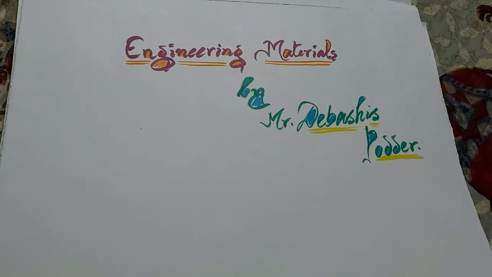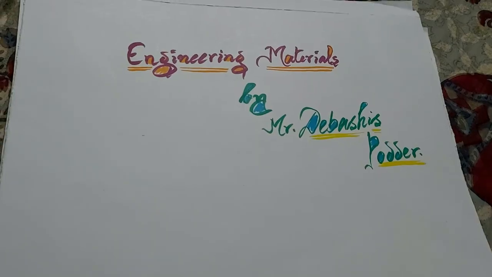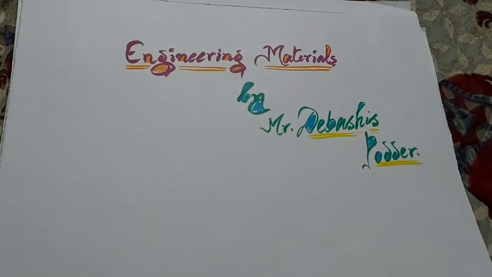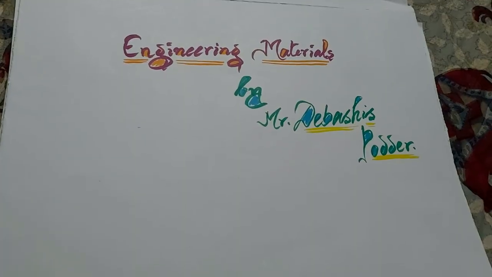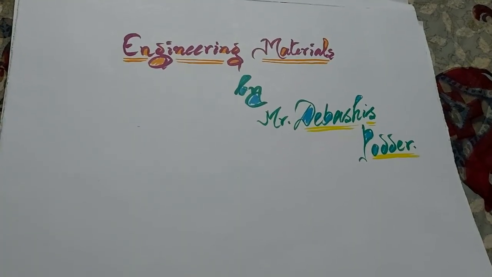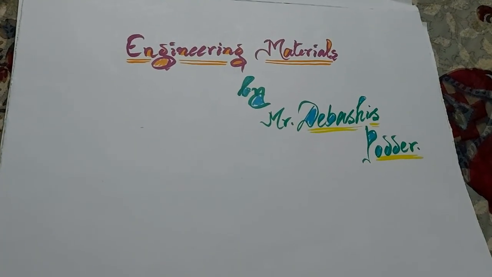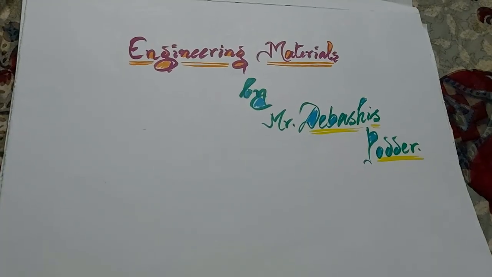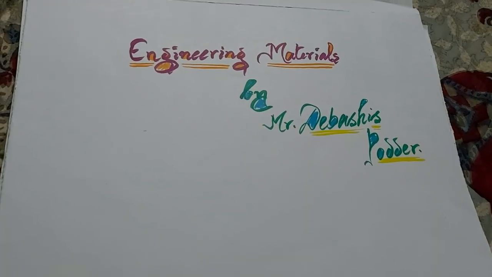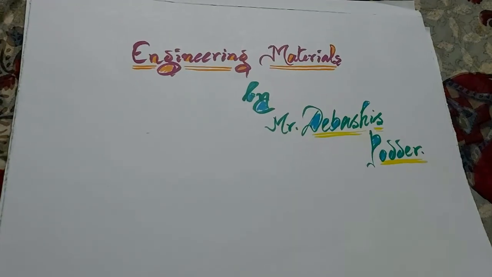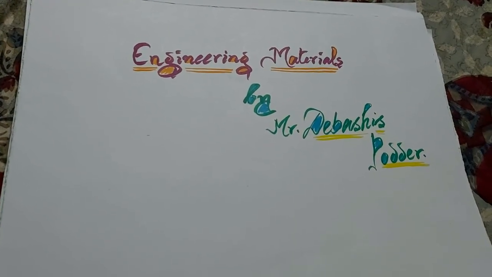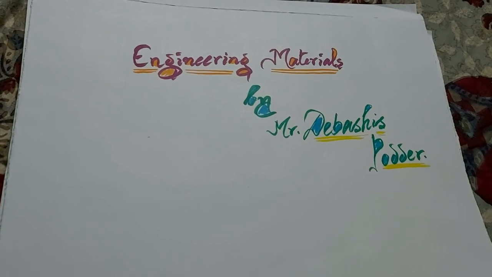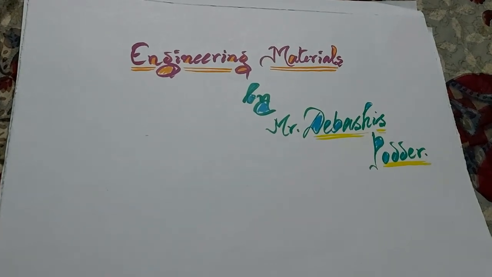The first question is, is the tie line drawn only in the two-phase region of the diagram or through the entire binary diagram? And the second question is, can we draw tie line only in isomorphous system or also in complex binary diagram?